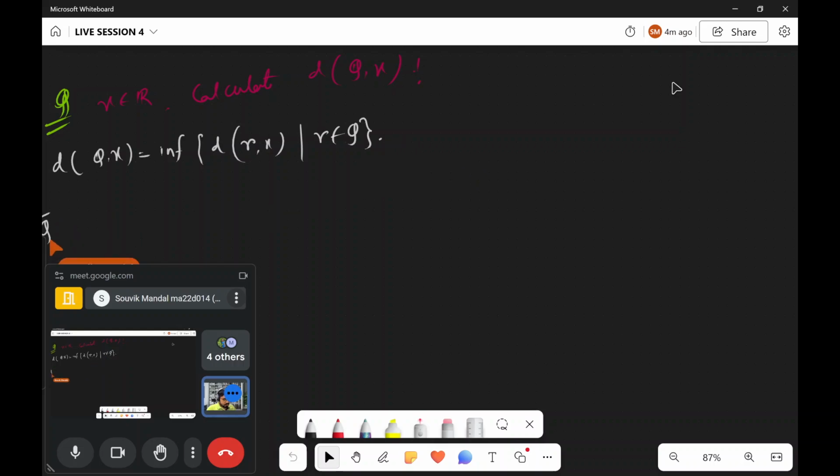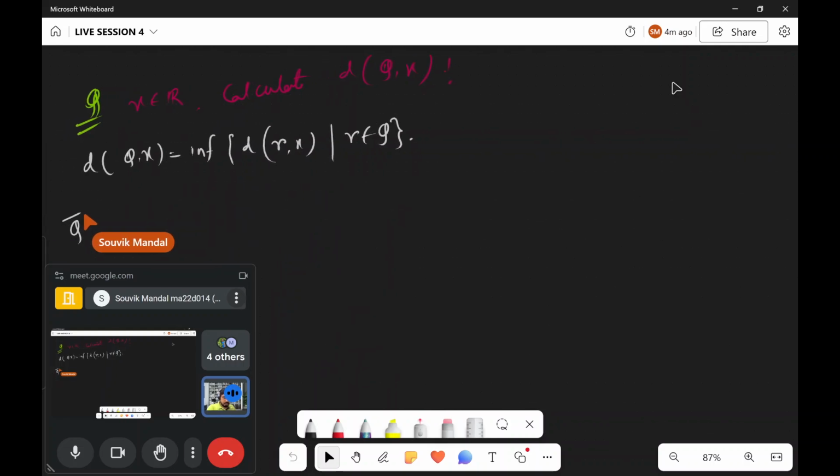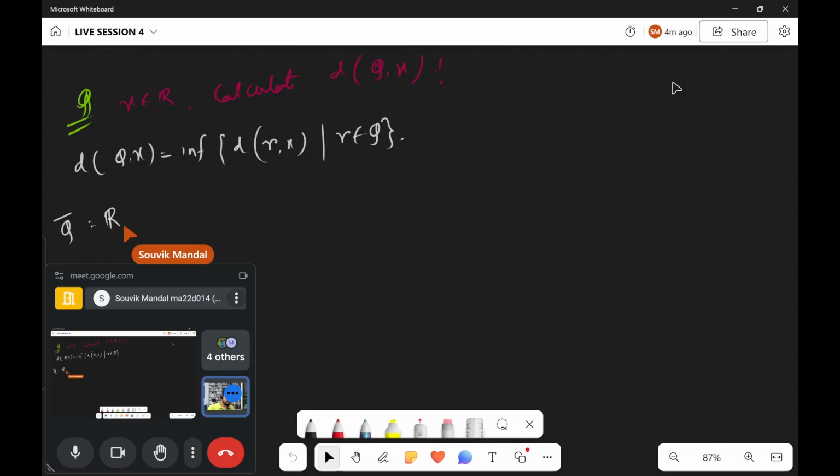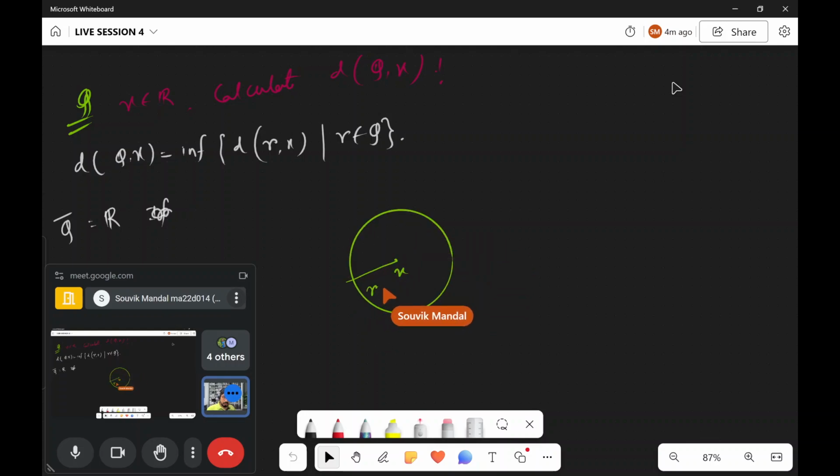Now we know that the set of rationals is dense in the real line. So this implies, suppose we have x, and we are choosing some ball of some radius, then by density it is possible to get an r prime which lies inside the ball.